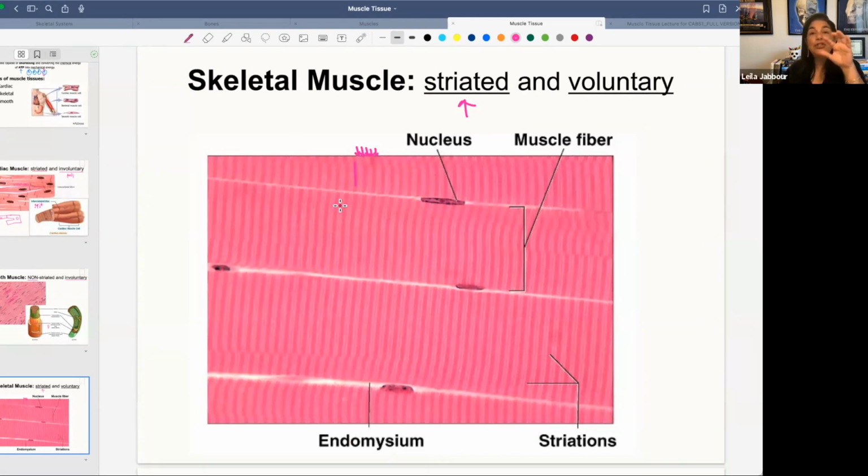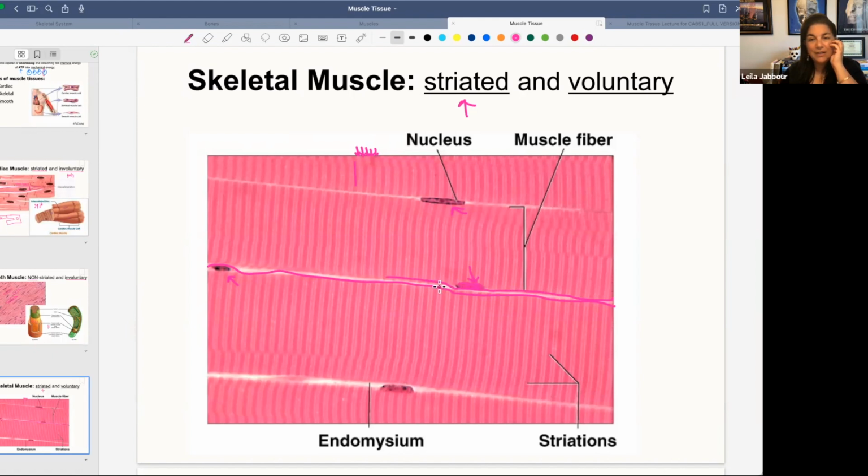And it is so packed of contractile proteins that the nuclei are shoved to the edge of the cell, and they're kind of squeezed underneath the cytoplasmic membrane, right? So this is the cytoplasmic membrane of this cell, and this is the cytoplasmic membrane of the cell above it.